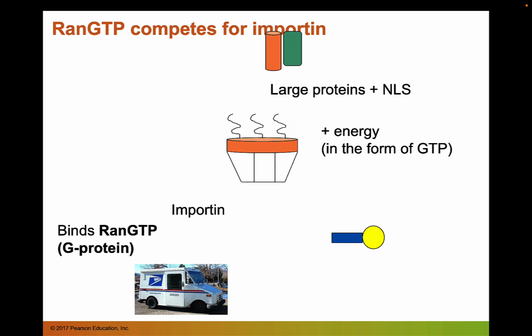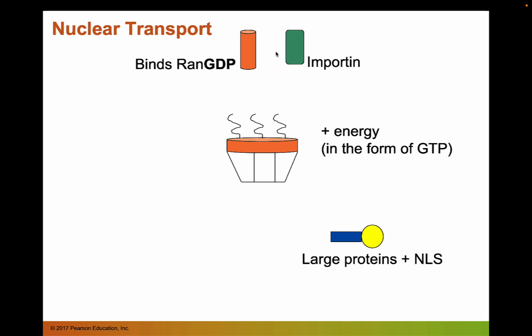It also lets importin move out of the nucleus. And once out of the nucleus, RAN-GTP hydrolyzes its GTP to become RAN-GDP. And so it's no longer active, and it dissociates from importin. And now importin can pick up cargo and repeat this process all over again.